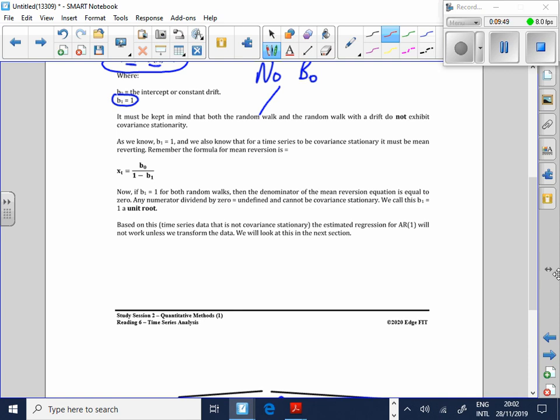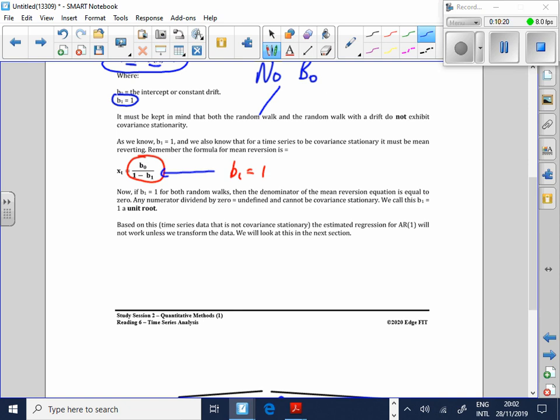Remember my equation for mean reversion. There it is again: mean reversion is equal to B0 over 1 minus B1. Now, in both a random walk and a random walk with a drift, B1 is equal to 1. What if I put it into the equation?